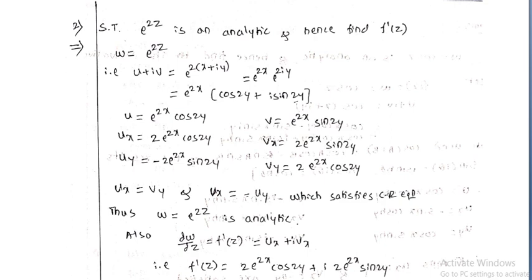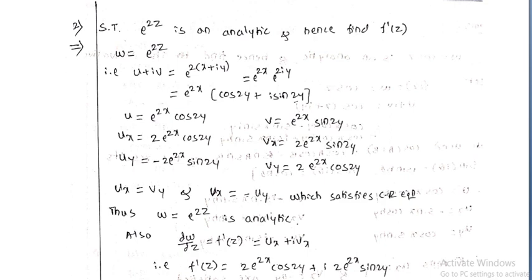So u plus iv equals e to the power 2 into bracket x plus iy. Now we split the power of e: one is e to the power 2x, another is e to the power 2iy.